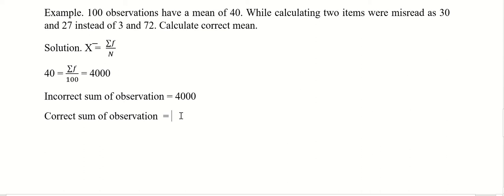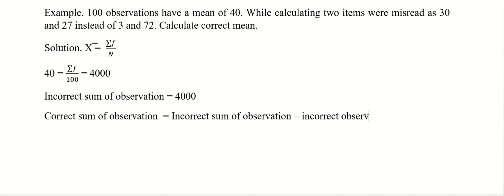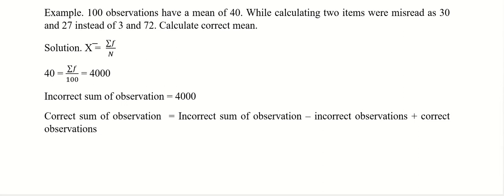So again the same procedure: incorrect sum of observations, minus incorrect observations, plus correct observations, right? So let's apply the formula now. Put the values. The incorrect sum of observations was 4000, minus the wrong values, which were 30 and 27.